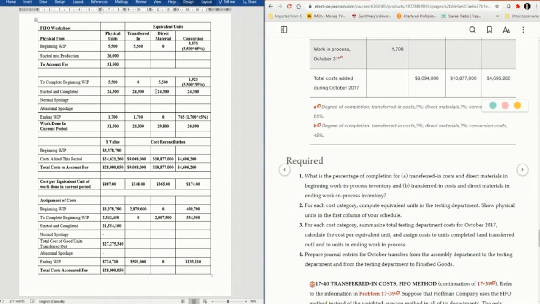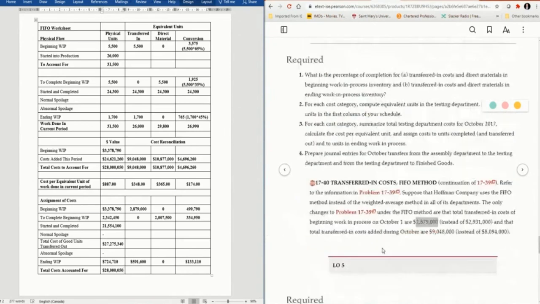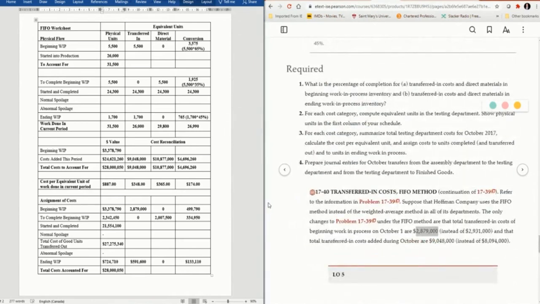And they ask you for the journal entries for October. Well, what are the journal entries? In terms of accounts, the work in process account for testing department. We're going to debit the account this much for materials. We're going to debit the account this much for what was transferred in, and this would be how much for new materials.